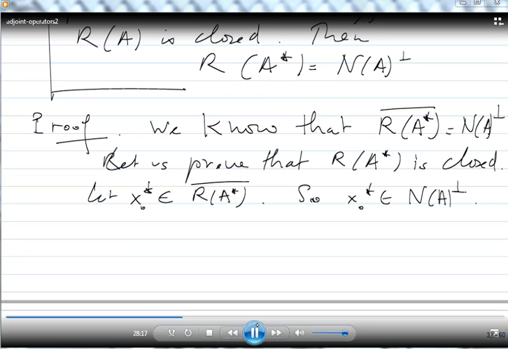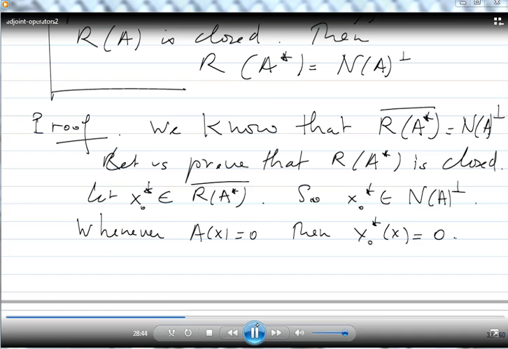Okay, so x0 star over N of A is equal to 0 over the entire subspace N of A. And now this tells us that whenever A of x equals 0, so that means that x belongs to the null space of A, then x0 star of x equals 0.